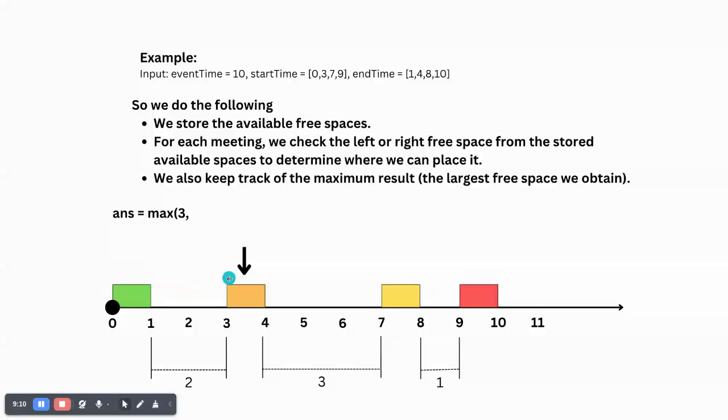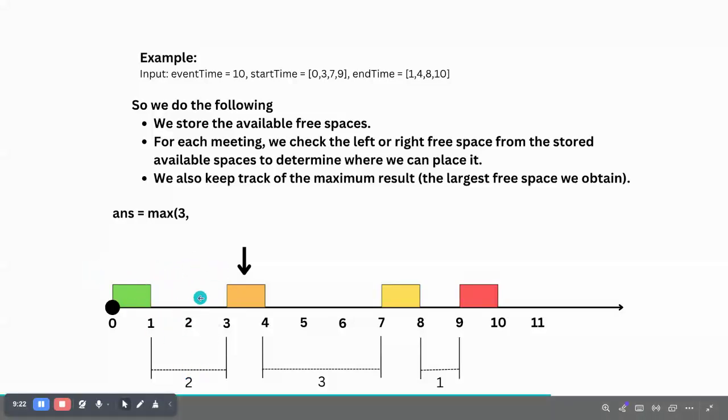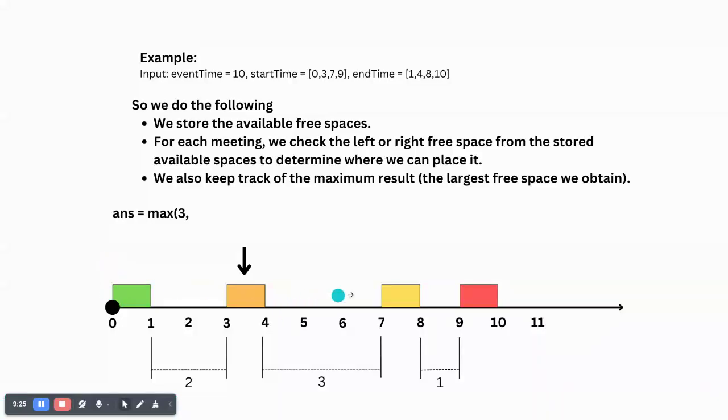And if we have a maximum that could contain this meeting, we can say that we can place it there. So from the left, not including the adjacent free spaces, we have 0 free space. From the right, we have 1 free space. And since we have 1 free space from the right, we can place it there.